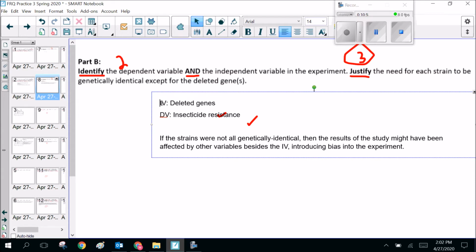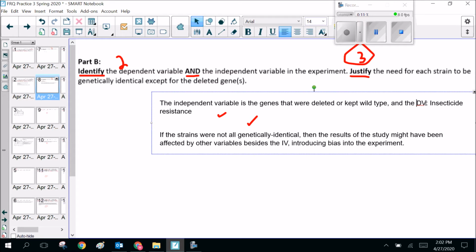So you could say the independent variable is the genes that were deleted versus kept wild type. I think an abbreviation like DV would be fine, but you might want to type it out just to make sure.